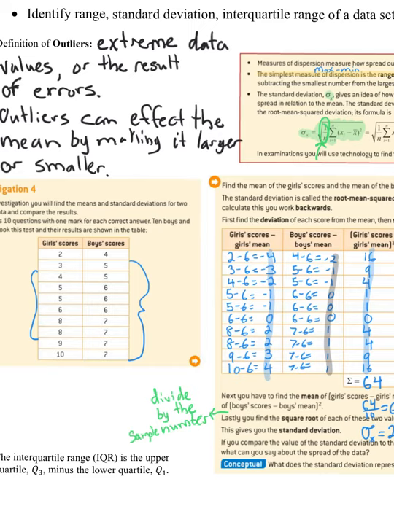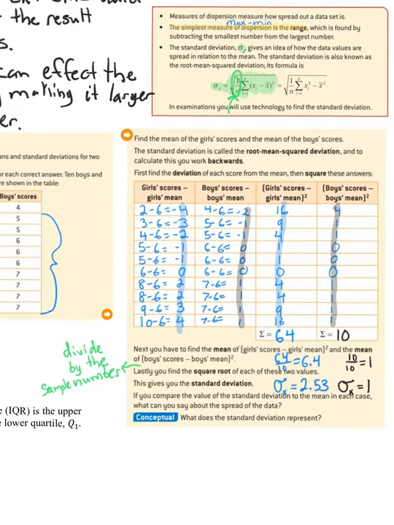So the girls are capturing 6 out of 10. The boys are capturing 9 out of 10. So the boys' spread is a lot smaller. That's what standard deviation is telling us. How far from the mean are we? Okay. So I'll highlight that real quick. It represents our distance from the mean.